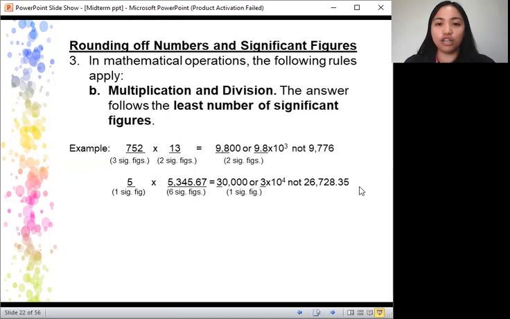Pero ingon sa rule, ang imong pag-report kung mag-multiply ka is based sa imuhang least number of significant figures. So, pila ang least significant figure? So, only one. So, unsaon man nimo pag-report para mahimo ra siya one significant figure. So, you round off. That is why you report it as 30,000 or using the scientific notation as 3 times 10 to the 4.